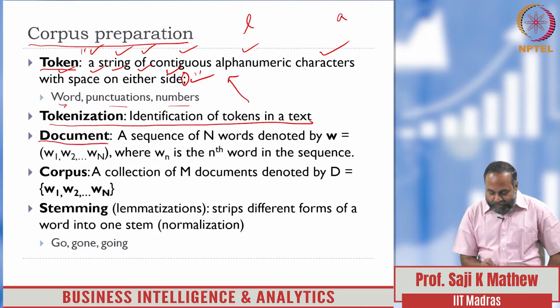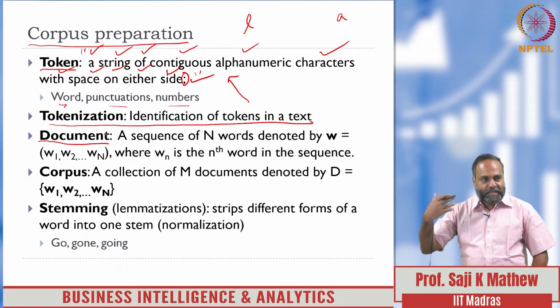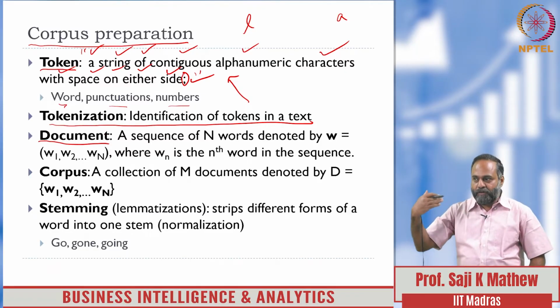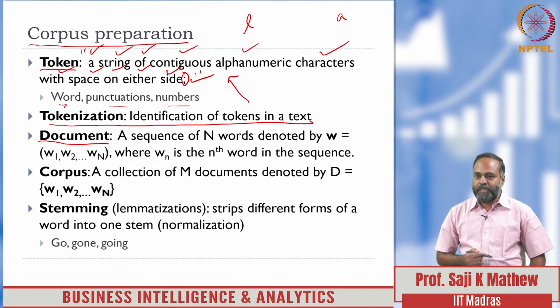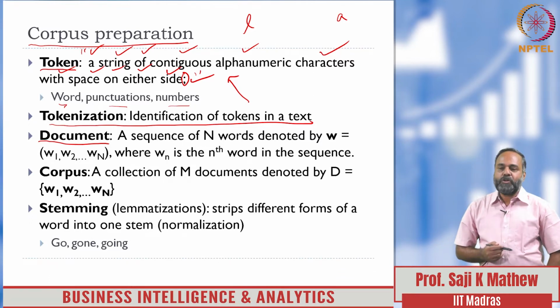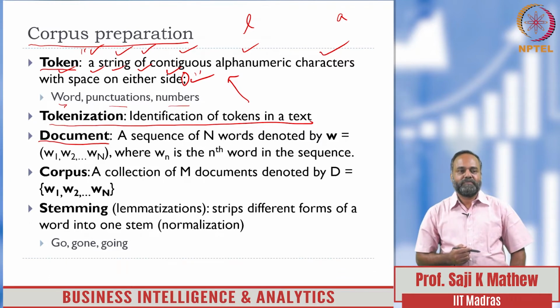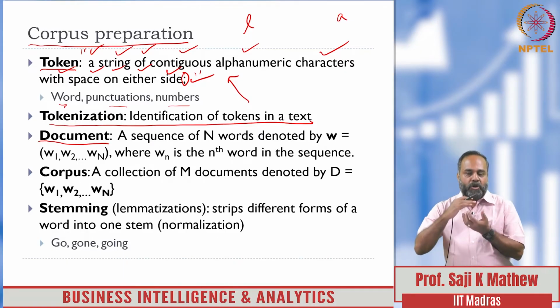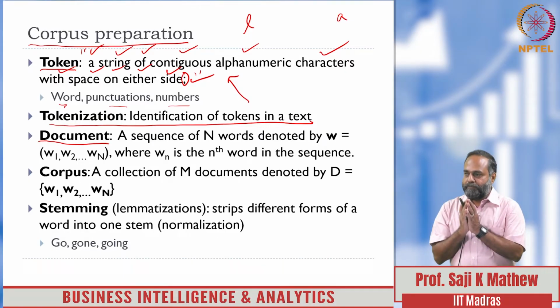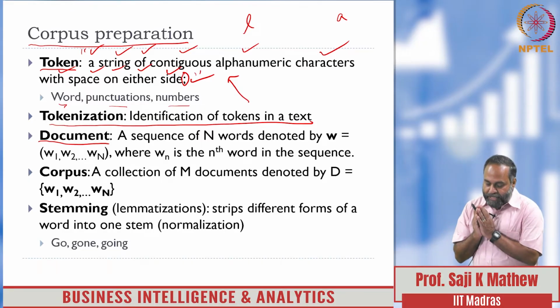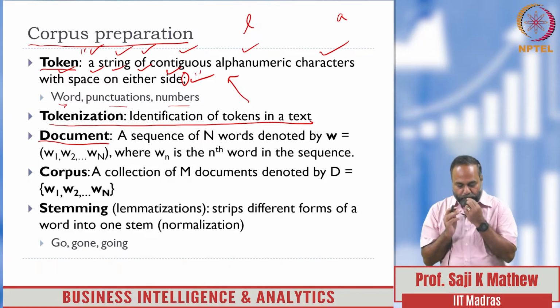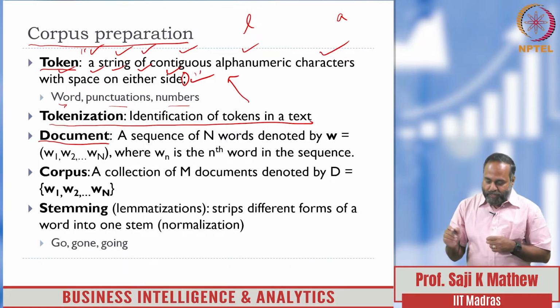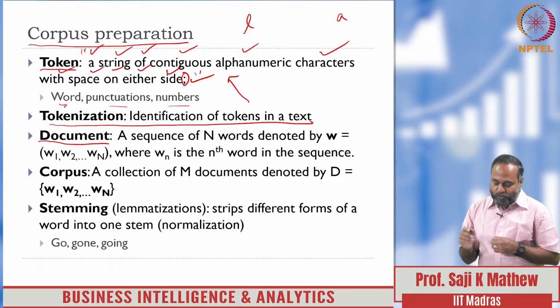And now the next level of aggregation is a document. A document consists of tokens, and a document is a sequence of n words denoted by W equals W1, W2 to Wn.